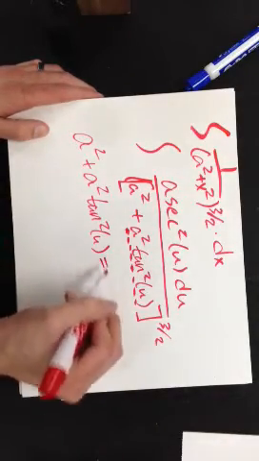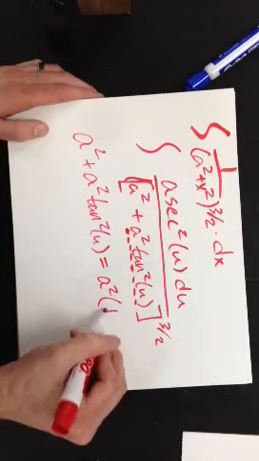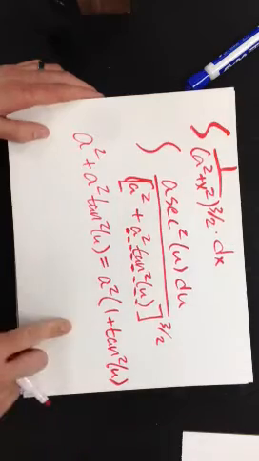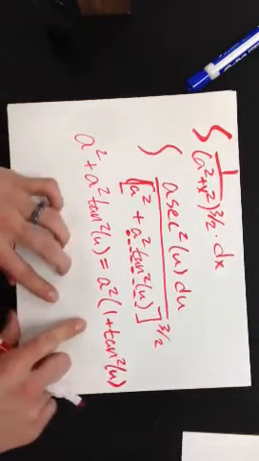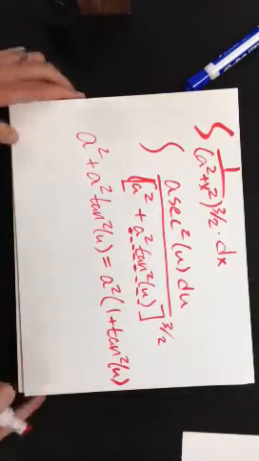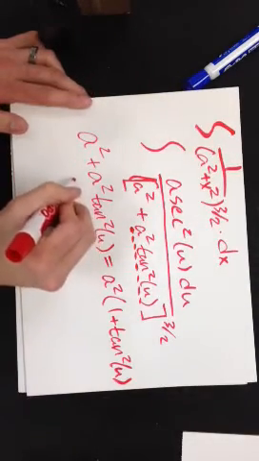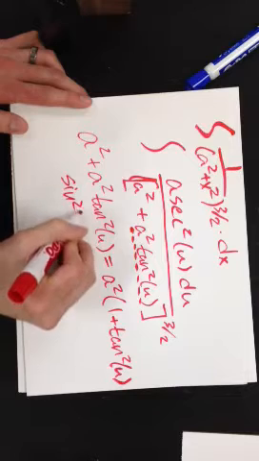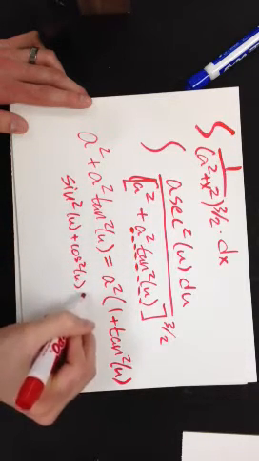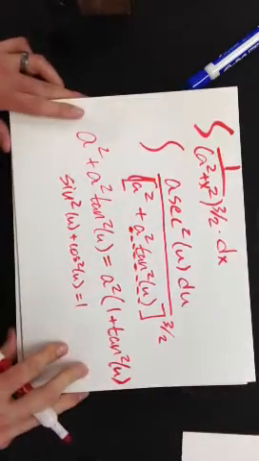So that's the same thing as a squared times 1 plus tan squared of u. Now, if you are the trig savvy kind, you can think back to sine squared u plus cosine squared u equals 1.